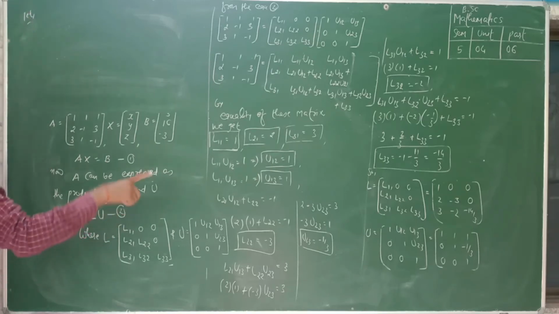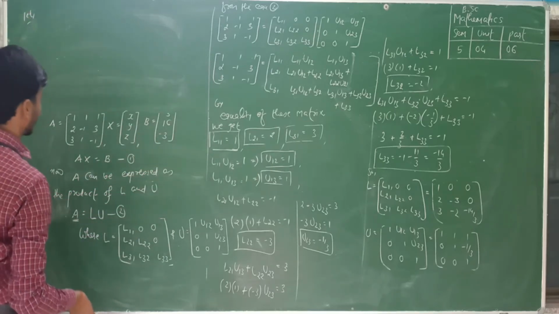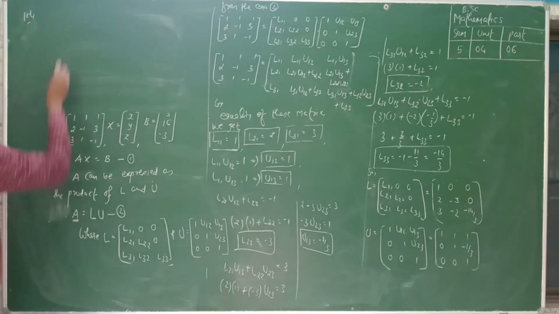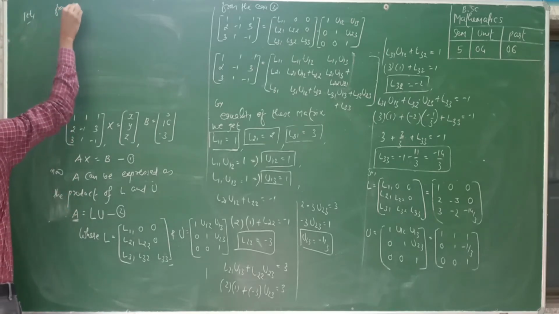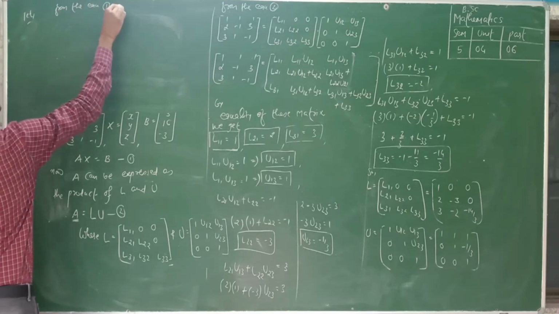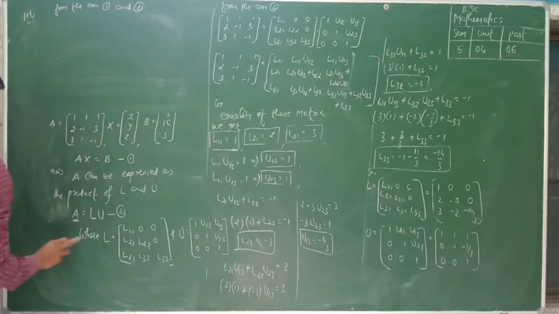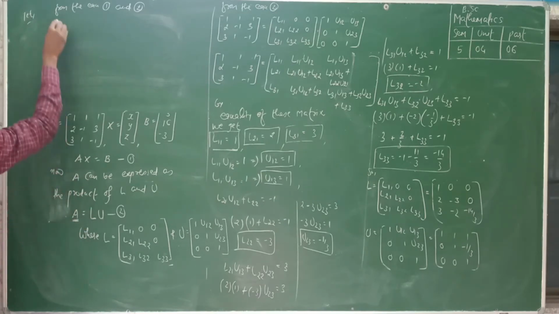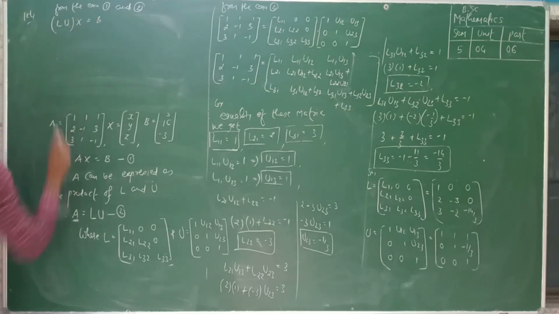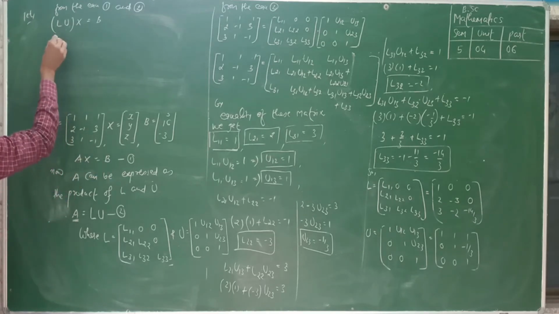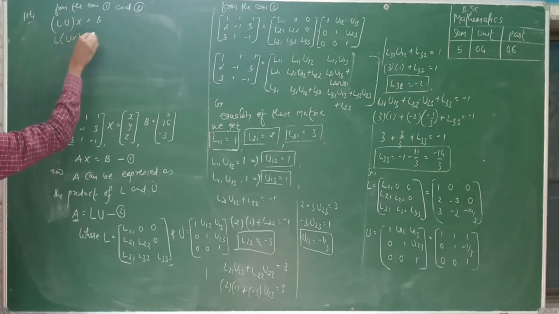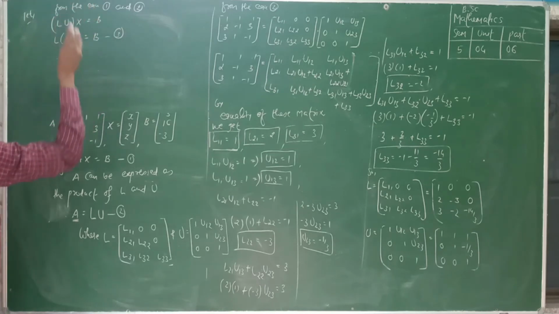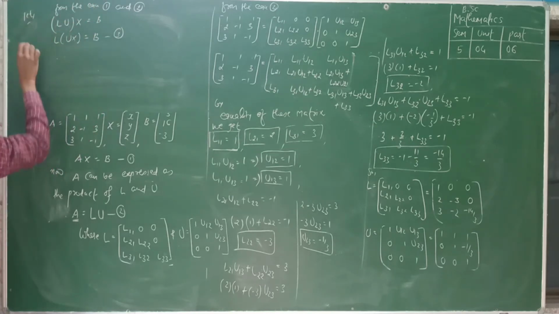Whenever we have the values of L and U matrix, from equations 1 and 2, A is equal to LU. Substitute in equation number 1, so LU into X is equal to B. So L into UX is equal to B, suppose equation number 3.